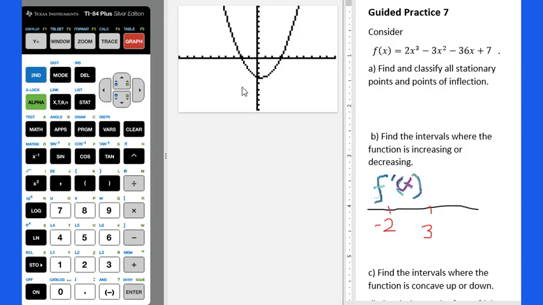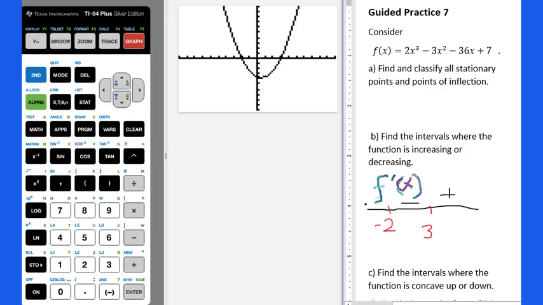According to this first derivative graph, we can draw the sign diagram. So when x is greater than 3, that's above the x-axis. So this is positive. Between -2 and 3, it's below the x-axis.